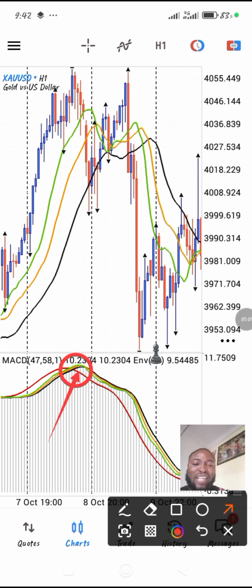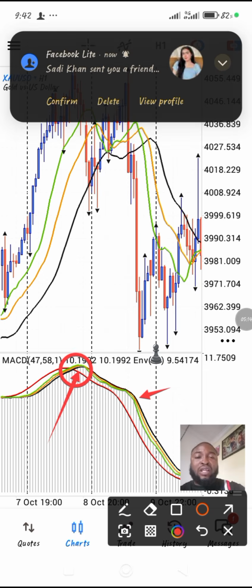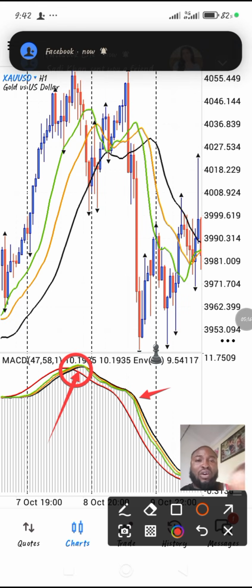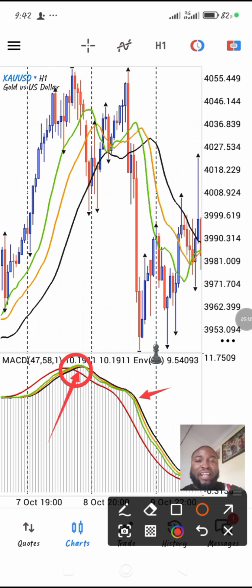You will realize that our envelope has already crossed the Alligator at the indicator window. Around that side we are looking for the recent fractal that breaks towards the downtrend of the Alligator. Now here is the fractal that breaks. Okay, now we enter the market right from here.